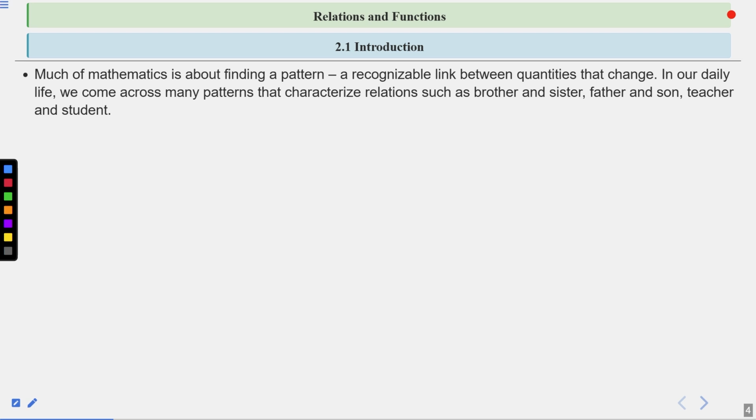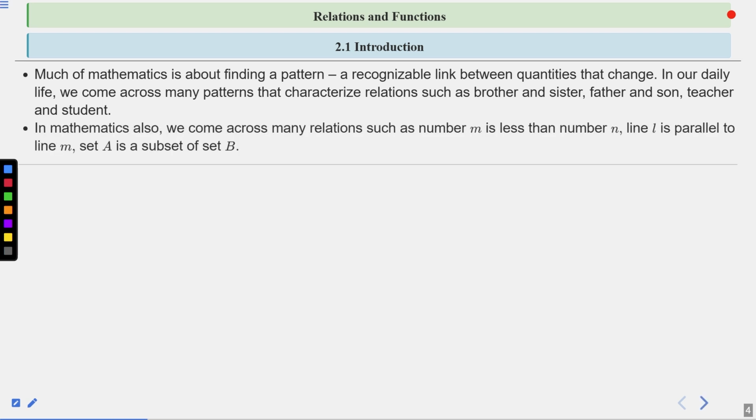In our daily life, we come across many patterns that characterize relations such as brother and sister, father and son, teacher and student, daughter and mother, etc. So, in practical daily life, we have relationships like this. But how are we going to see patterns in mathematics? The important role is played by what? Relations in mathematics.